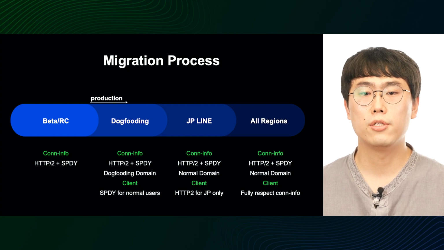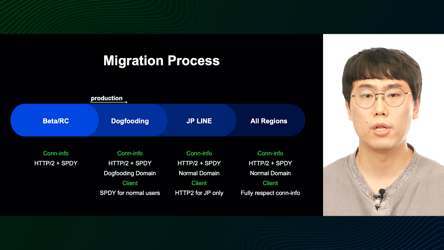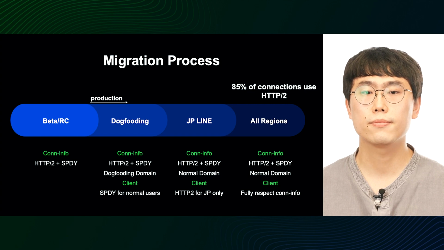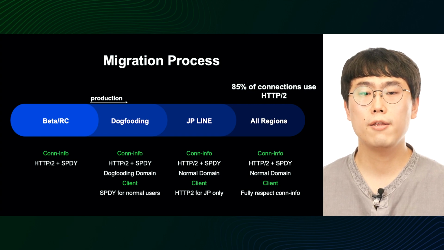Fortunately, there were no big problems during the migration process, so connection info was never updated to disable HTTP2 globally. Currently, 85% of the connections to LEGY are using HTTP2. We are going to prepare the complete removal of SPDY code in the client soon.